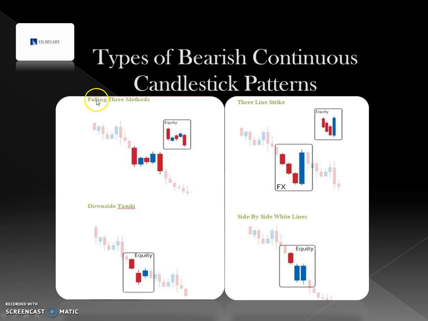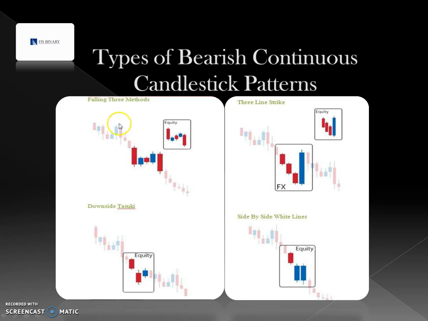Now, to talk about the following 3 methods. The following 3 methods form when a bearish candlestick forms first, followed by a bullish candlestick, which is followed by, usually if it's a bullish candlestick, it's more of a confirmation, but it could also sometimes be a bearish candlestick, as you can see in this case, followed by another bullish candlestick, then finally followed by a bearish candlestick.